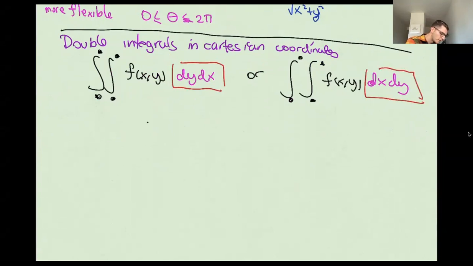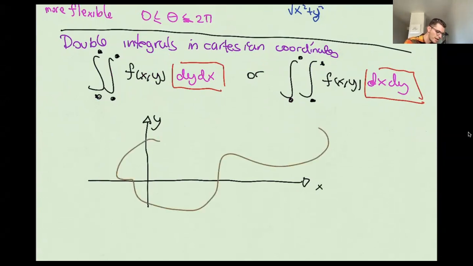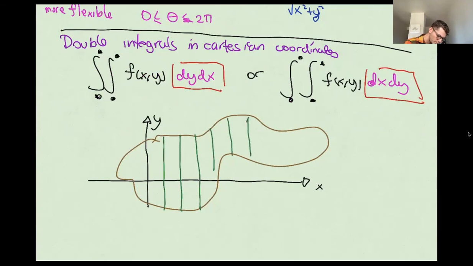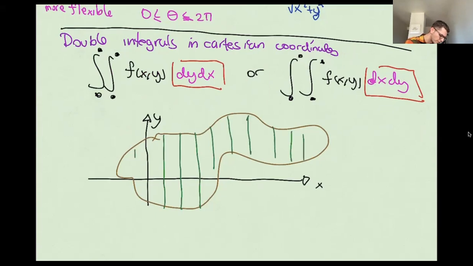The point of those things is that if you had a region of integration, like some mutant region with these lines here, you start cutting it.